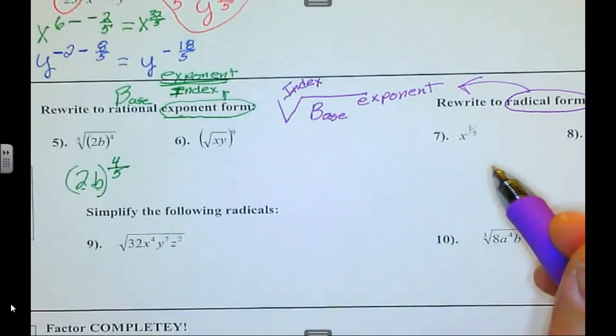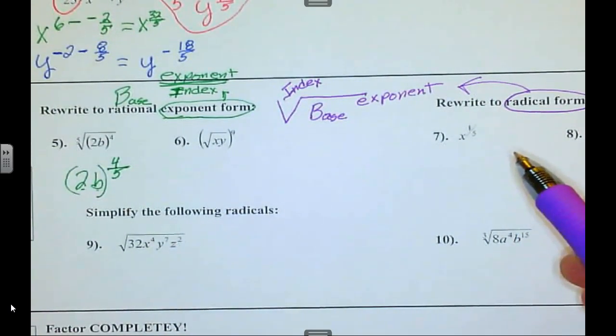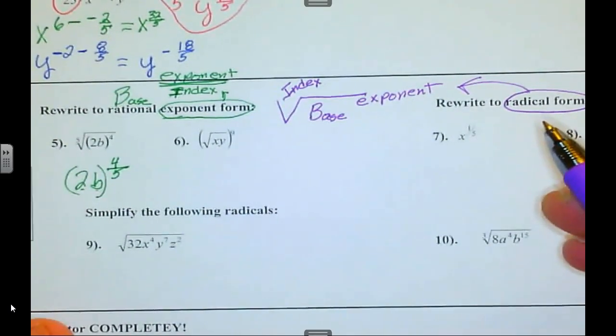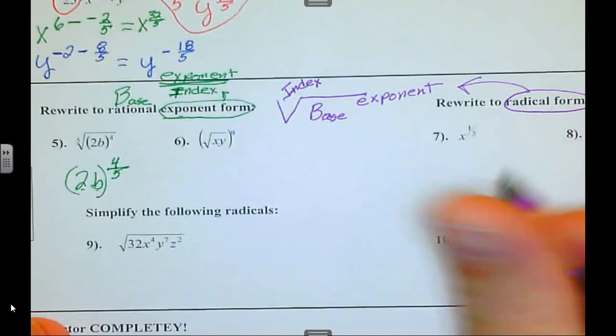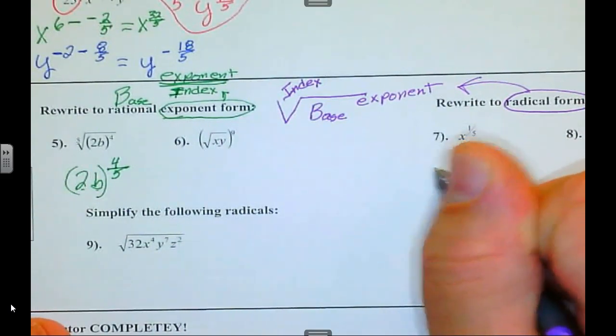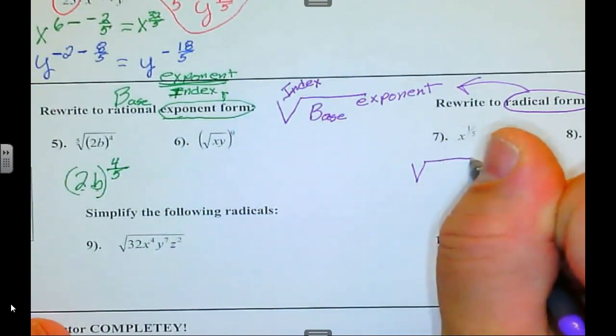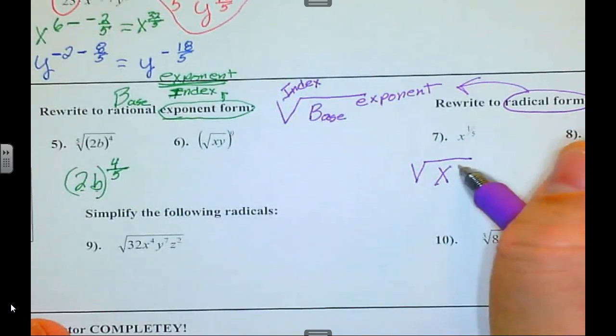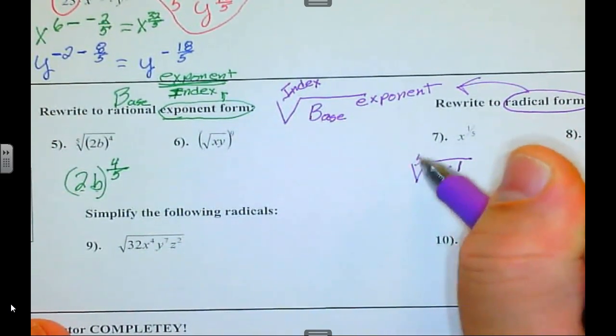Okay, here's my radical sign. Here's my base, my exponent, and my index.